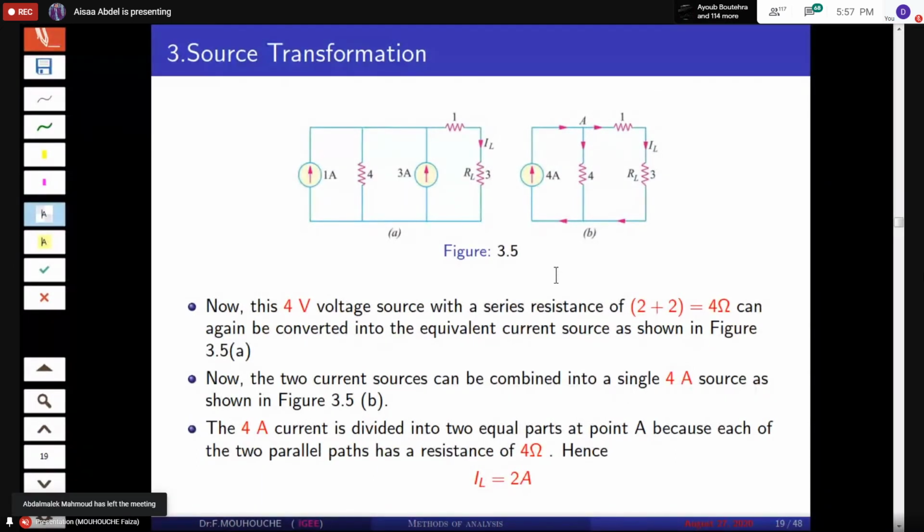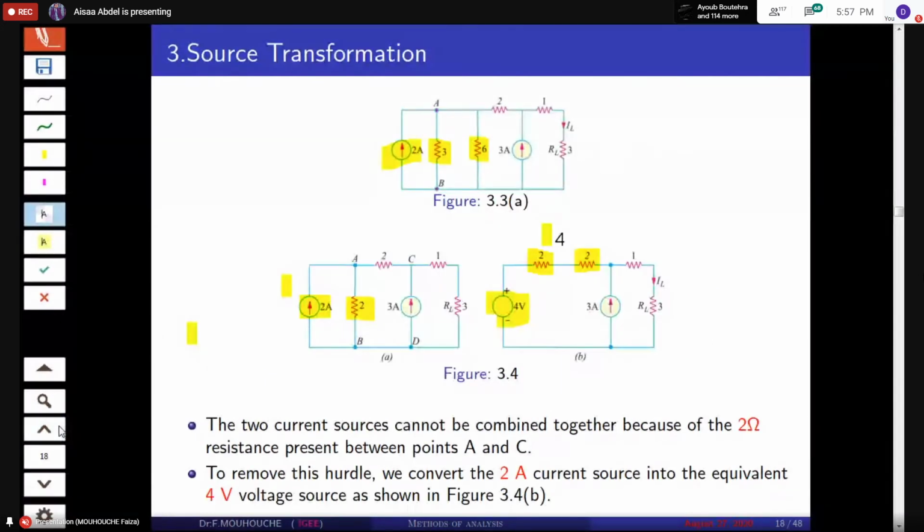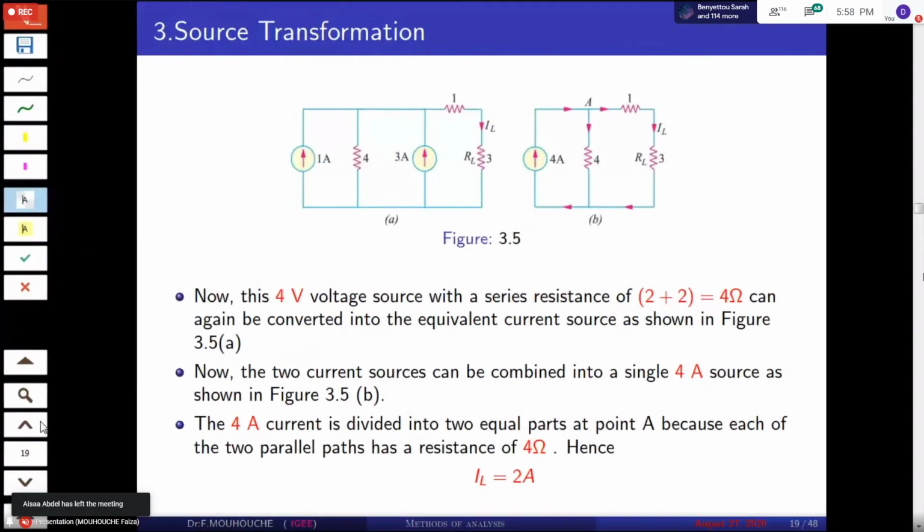Before, we have 4 volts over 4 ohm, which is equal to 1 ampere. So here we get 1 ampere in parallel with 4 ohm.